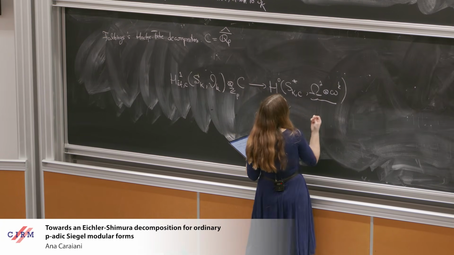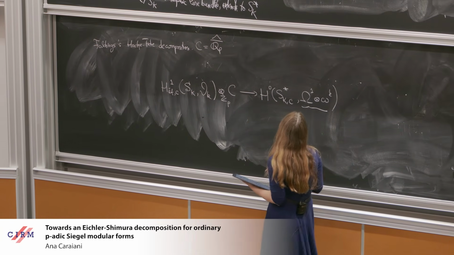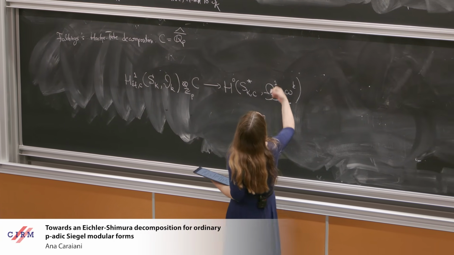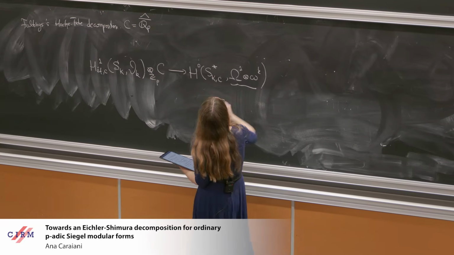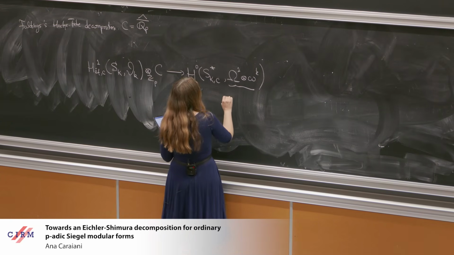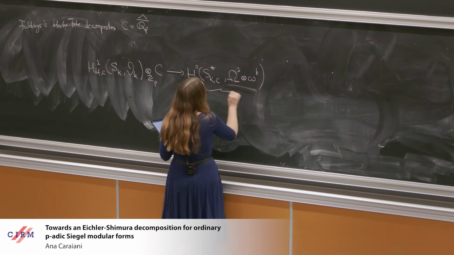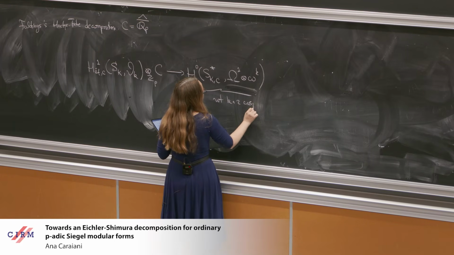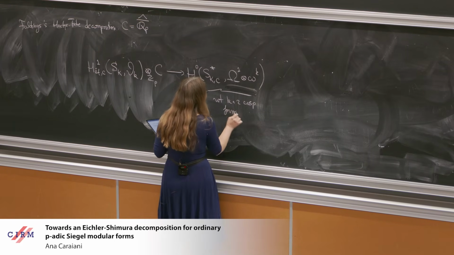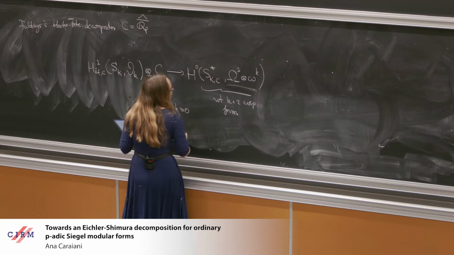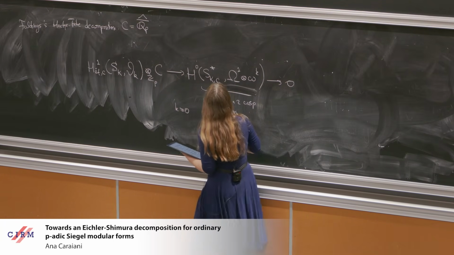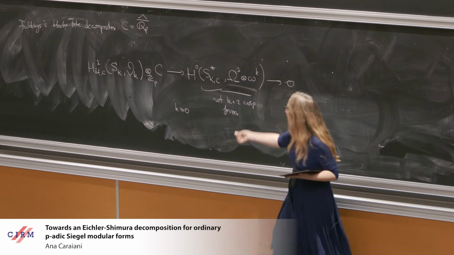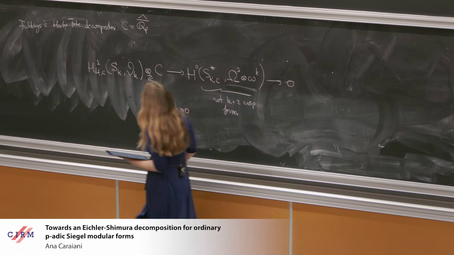This ends up via the Kodaira-Spencer isomorphism to identify with omega^(k+2) and then with zeros at the cusps. So this space will see weight k+2 cusp forms. Here k is at least 0. And this surjects. And so I've base changed everything to C here for this coherent cohomology.